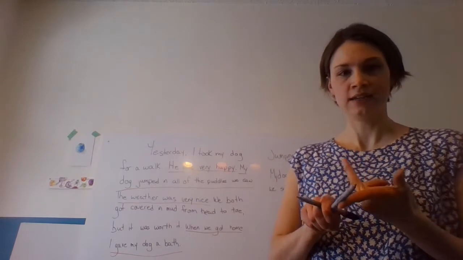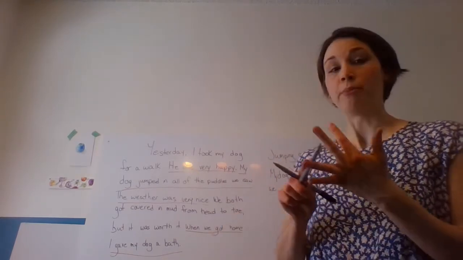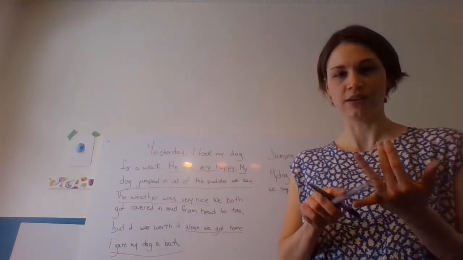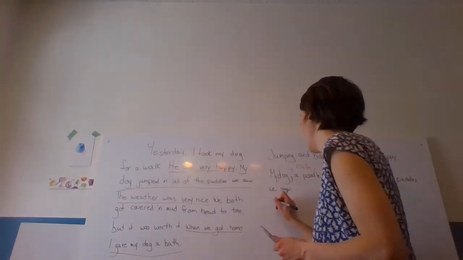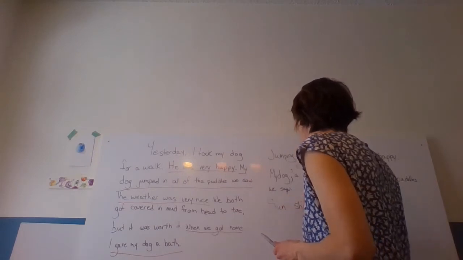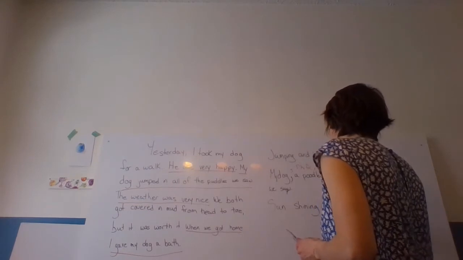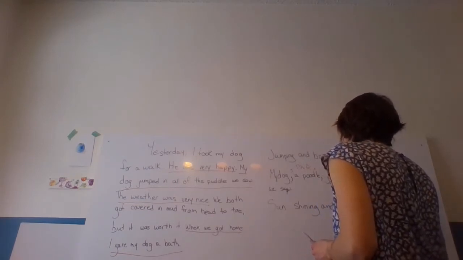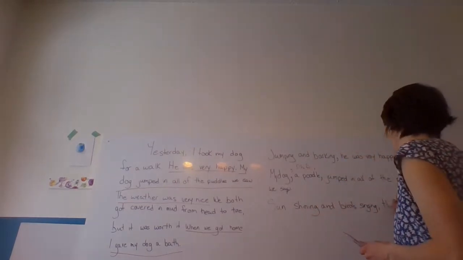The sun shining, our noun with our ing verb, or the birds, our noun, singing, our verb with the ing ending. So how about we say sun shining and birds singing. The weather was very nice.